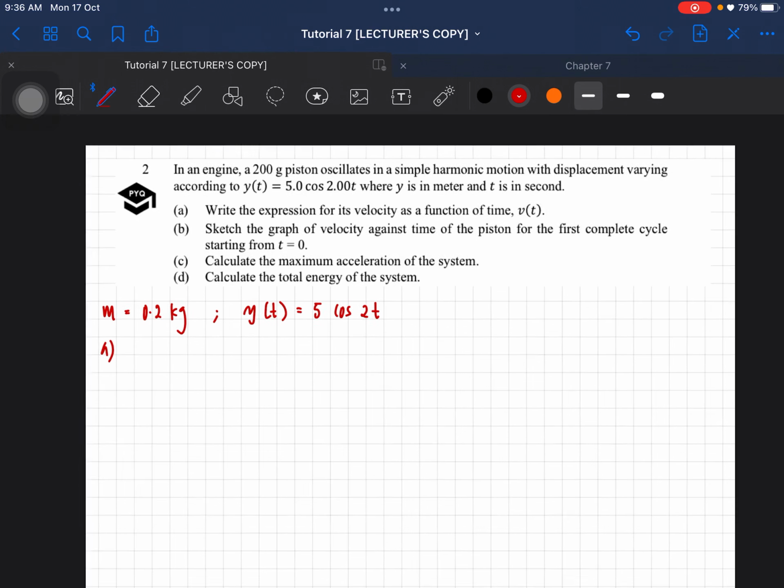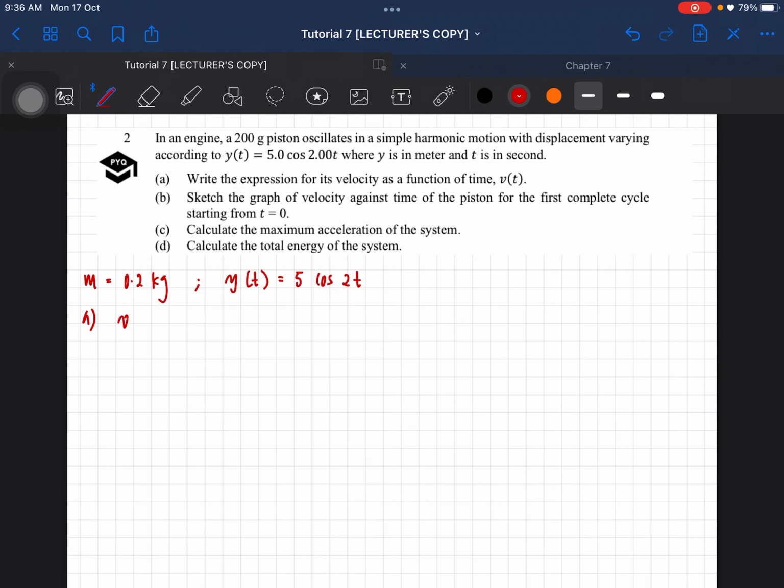So that is going to be v equal to dy over dt of 5 cos 2t. Okay, so this is what I mentioned in the previous question.